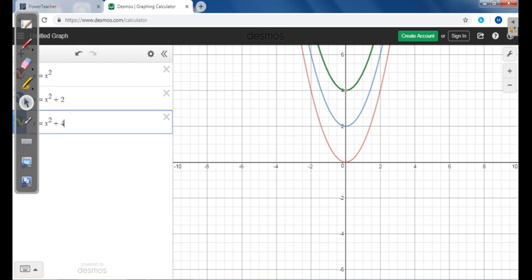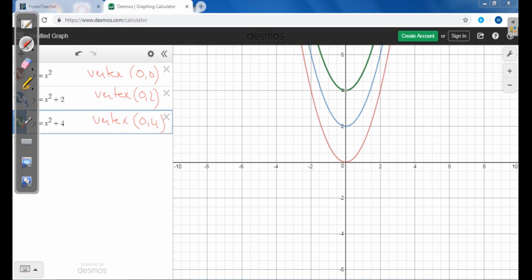So the vertex for this one is 0, 2. The vertex for this one is 0, 0. The vertex for this one is 0, 4. So we see that the y value of the vertex is changing. So k is affecting the y value of the vertex.